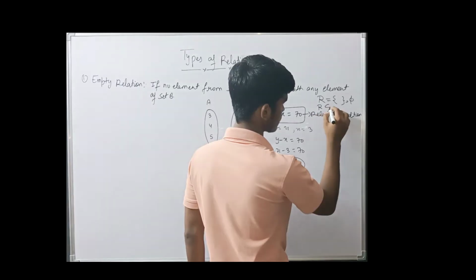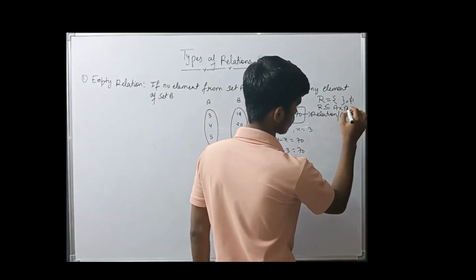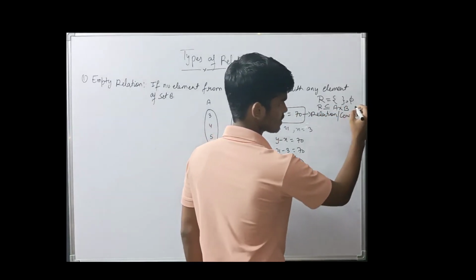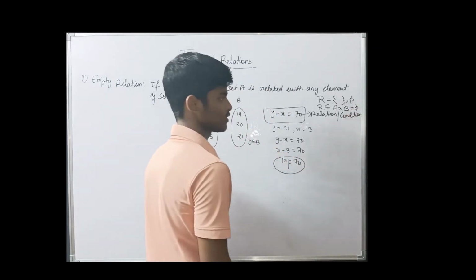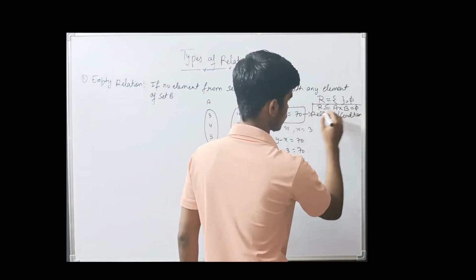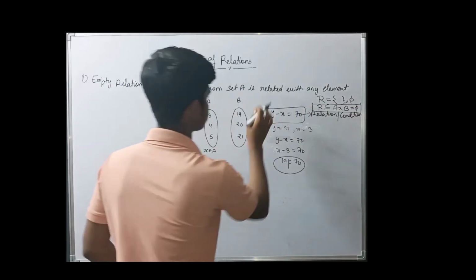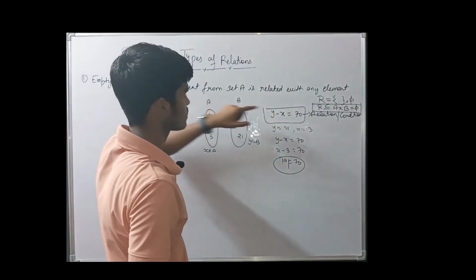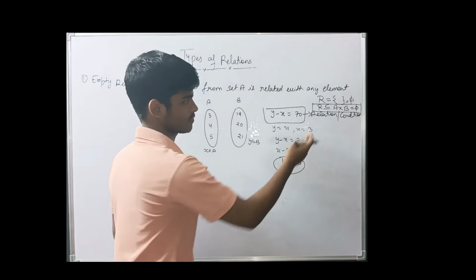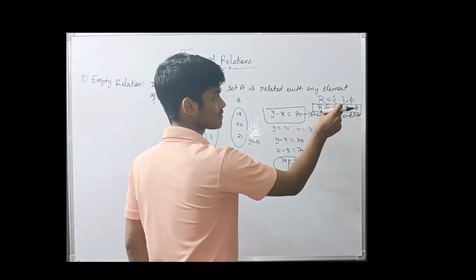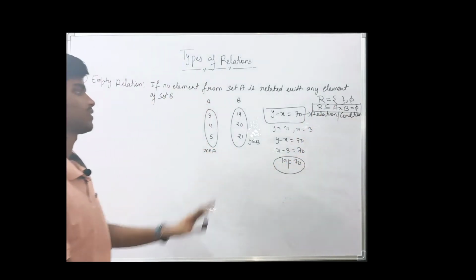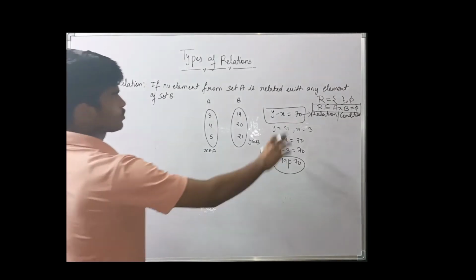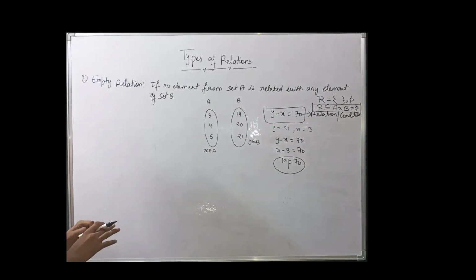Relation is defined as a subset of the Cartesian product of two sets, so that comes out to be phi. That is something which is written in your book. It is the same thing: it is an English definition and it is a mathematical definition, defined in the symbols of mathematics. So this is all about empty relation.